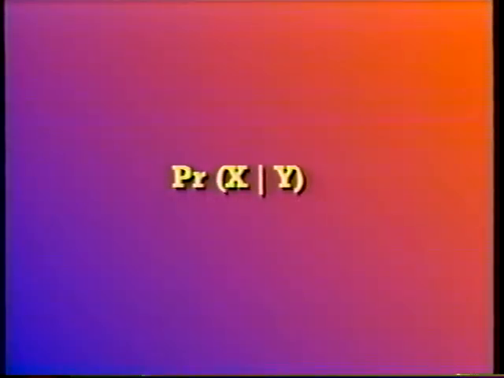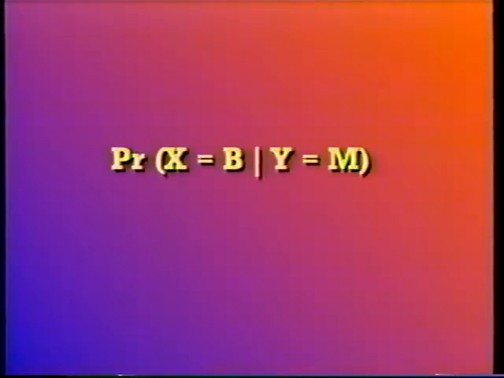Conditional probability is usually written as the probability of X given Y. The item to the left of the vertical line is the probability variable, in this case X. The item to the right of the vertical line is the given, or the item being conditioned on, which in this case is Y. For example, assume that the recruiter for the marketing club wants to get more male business students.